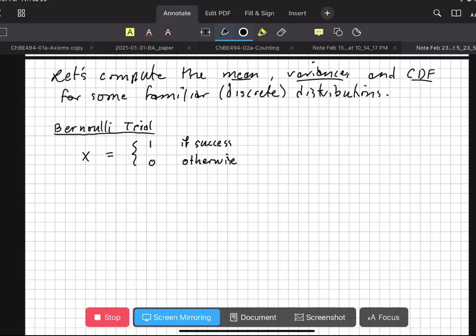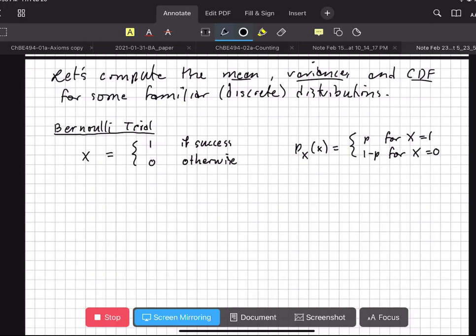And the probability distribution is defined in a similarly conditional statement that says the probability is equal to p for the case where x equals 1, and 1 minus p for the case where x is equal to 0. Okay? So this defines the whole distribution.